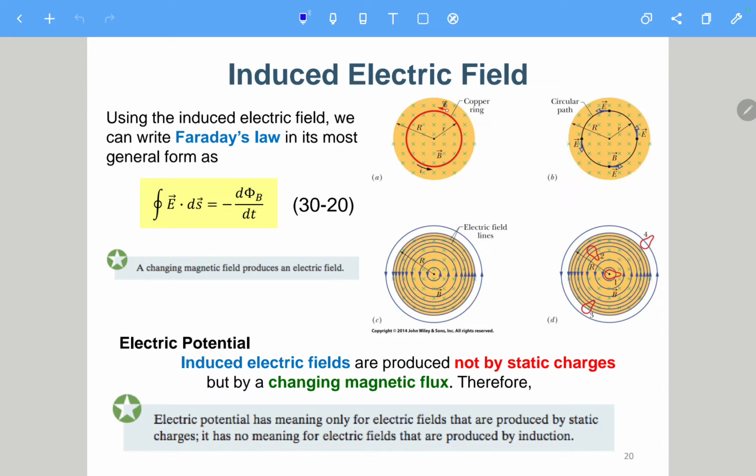Okay, so here we talk about the real form of Faraday's law. Just now, we saw Faraday's law as E equals negative N d phi B dt. Here, rather than writing it as E, we write it as this expression.